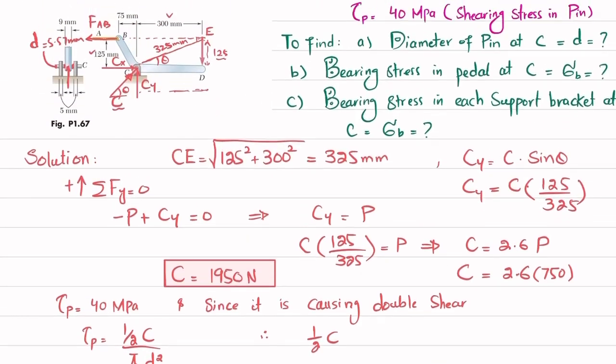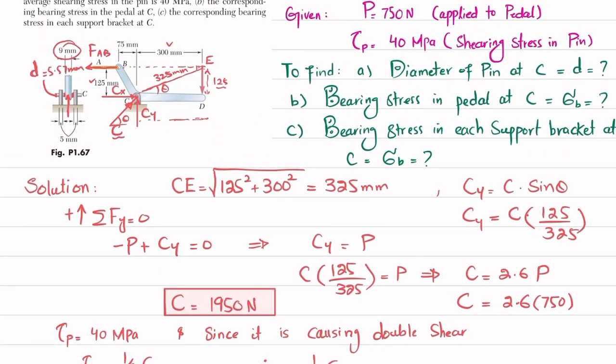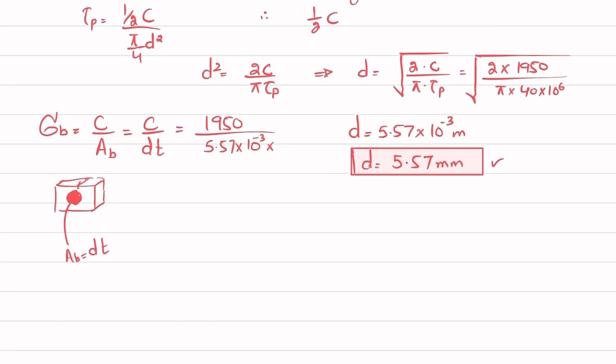The thickness is given as 9 millimeter, so 9 into 10 to the power minus 3. When you calculate it, you will get the bearing stress in the paddle at point C as 38.9 into 10 raised to power 6 Pascal, or 38.9 megapascal.